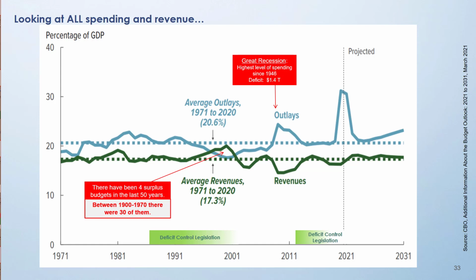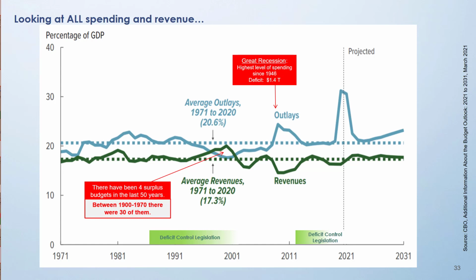You may have heard of the Budget Control Act and the term sequestration as the enforcement device for the Budget Control Act that was put in place to help narrow that gap. And you can see the gap was narrowed. It worked. Similar to the deficit control legislation that was passed in the mid-late 80s, it brought us to those surplus budgets by the late 90s.